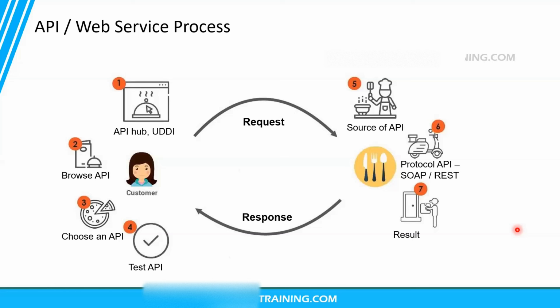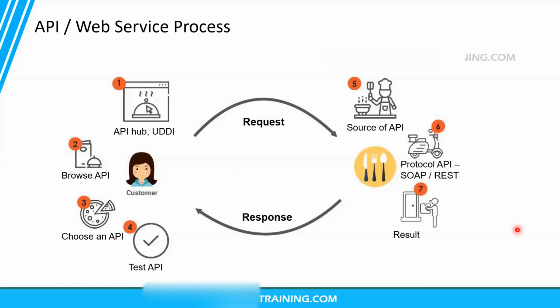Nowadays everything compares to the API, the application programming interface. For one application to integrate with another, we look at what APIs are available. Earlier we were calling them web services. Now it is API. Web services or APIs, both are the same and solve the same purpose.